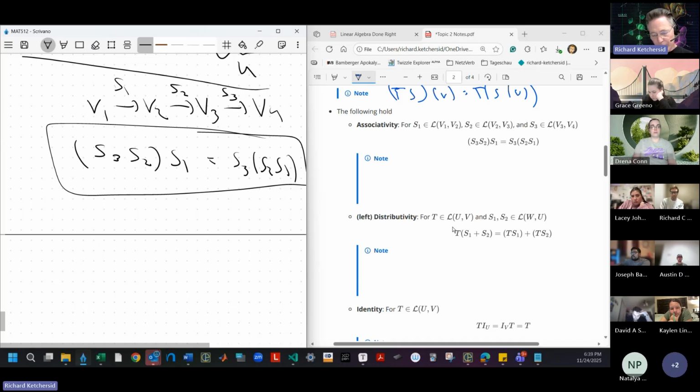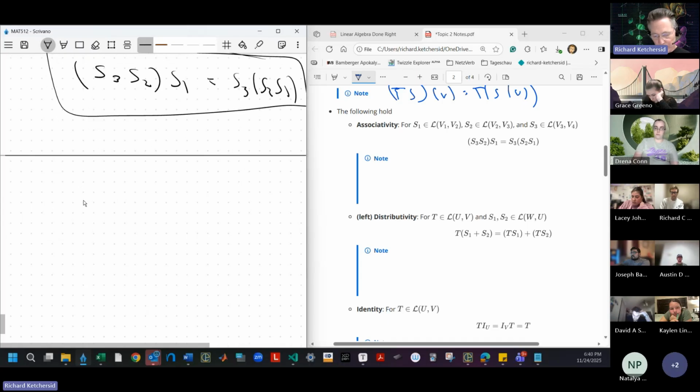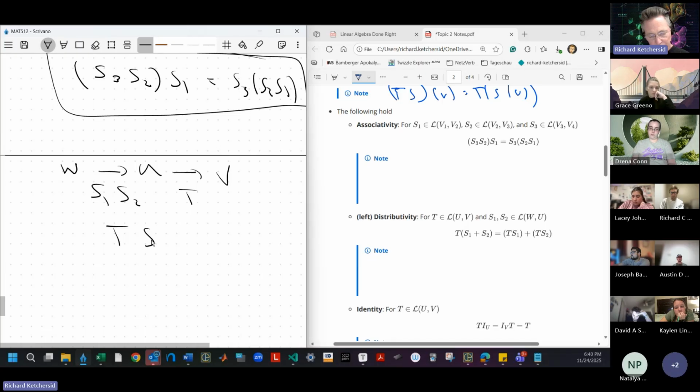And then you have a kind of distributivity. Same kind of thing. You got to make sure things are in the right place. So here I've got S1 and S2 going from W to U, and I have T going from U to V. It's in that order. And so when we combine things around, it becomes T of S1. So all these things make sense.